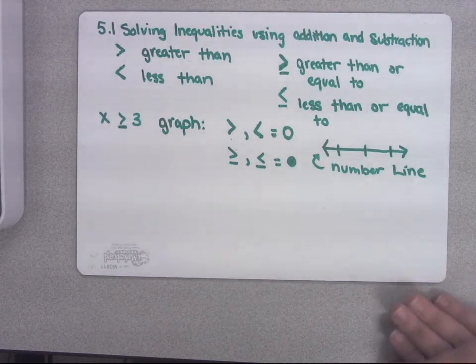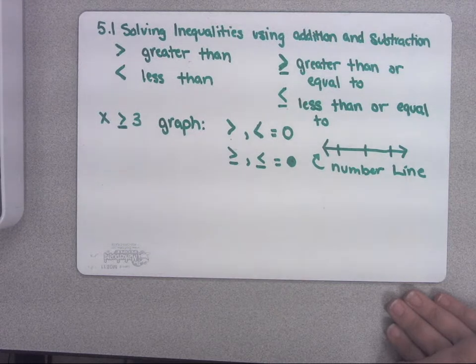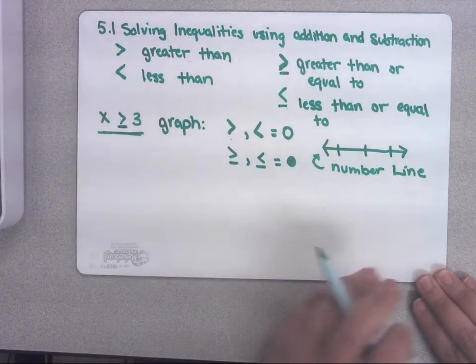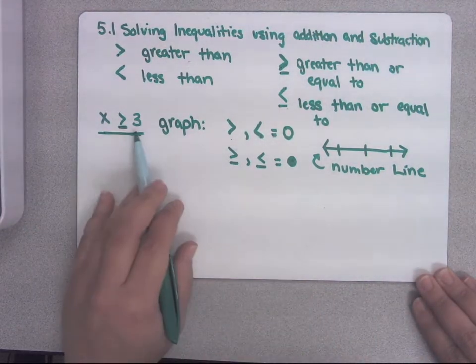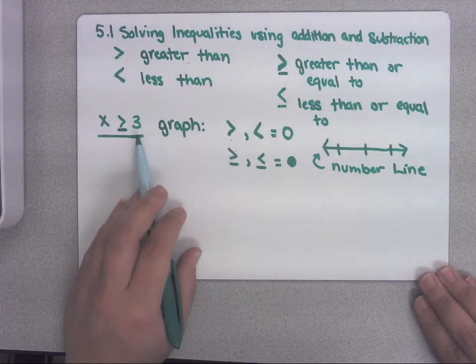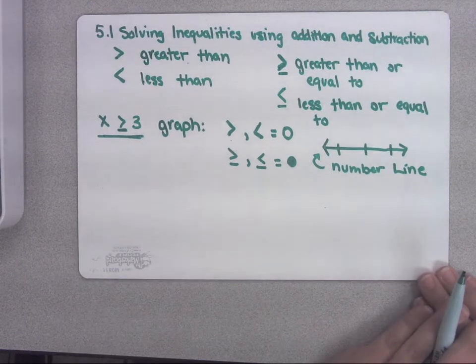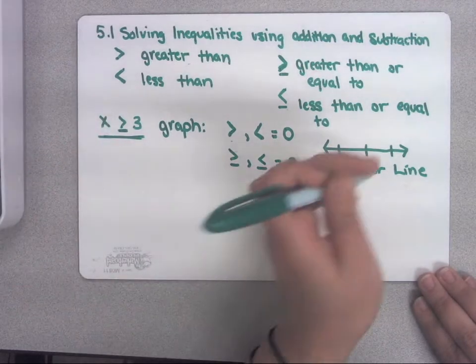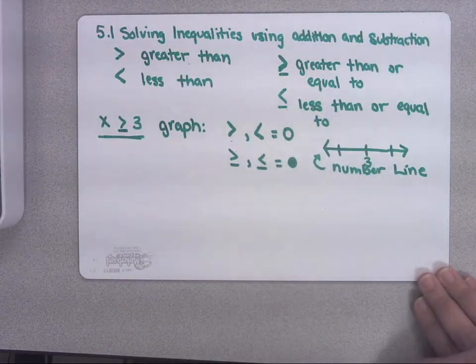The important part about a number line is whatever your answer number is, let's say this is our answer. What's our answer in this problem over here? What's the number answer? 3. Whatever your answer is, it always goes in the middle.